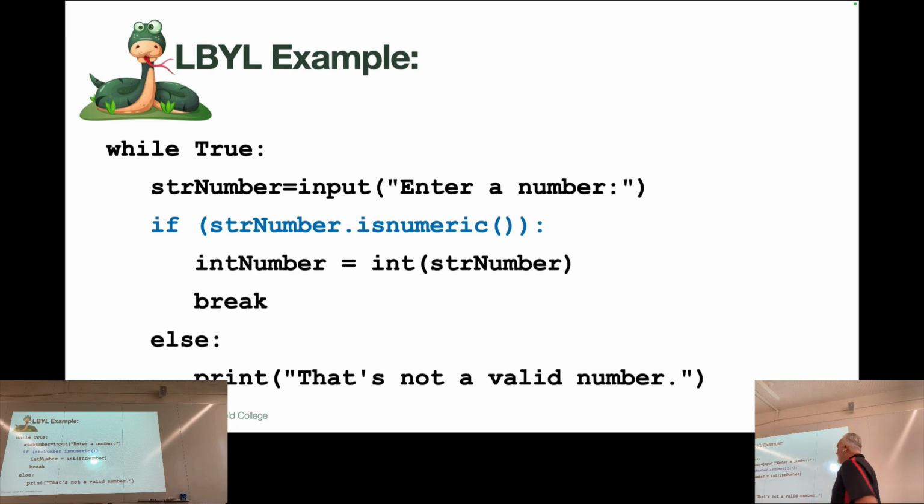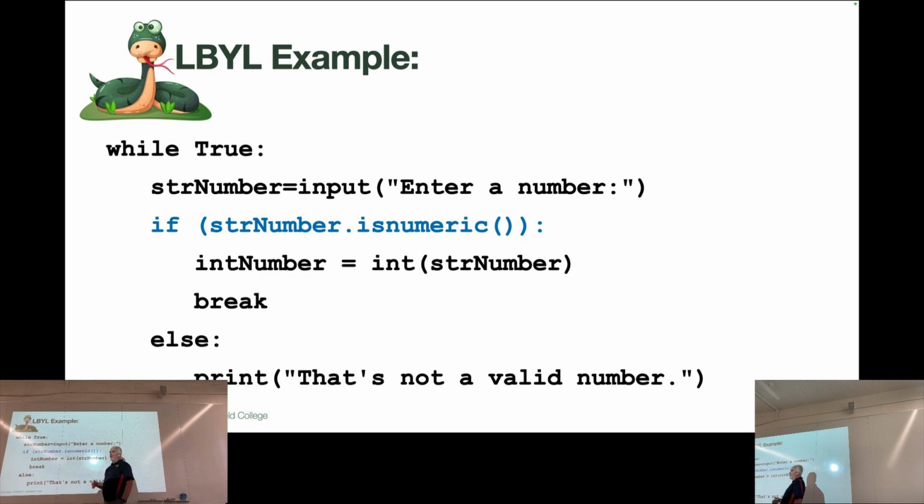So a way this might look, right, is let's say we're having the user enter a number. And we're going to take whatever that string is that they enter, hopefully a digit or a set of digits, and convert that to an integer.